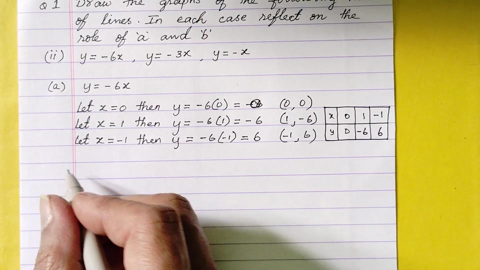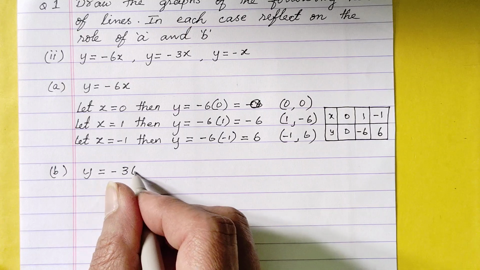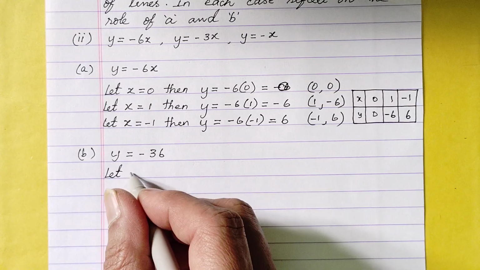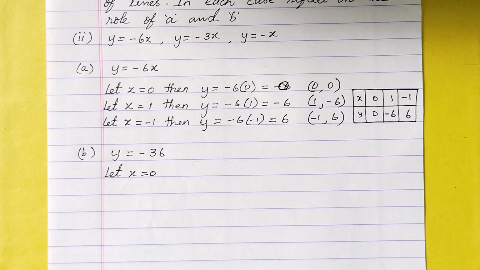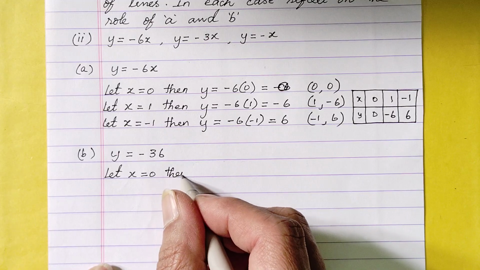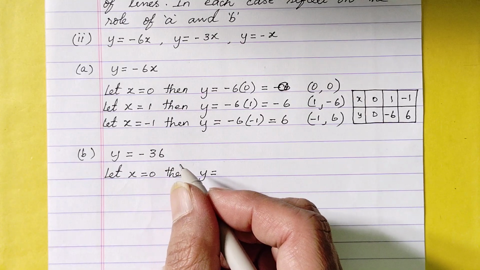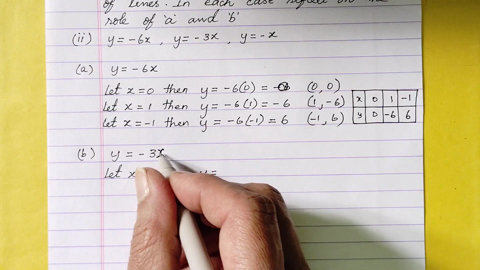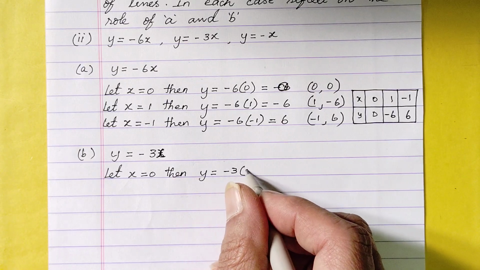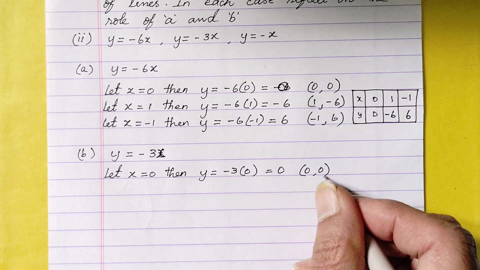The next one, y is equal to minus 3x. So let x be equal to 0, then y is equal to minus 3 into 0, that will be equal to 0. So x coordinate 0, y coordinate also 0.